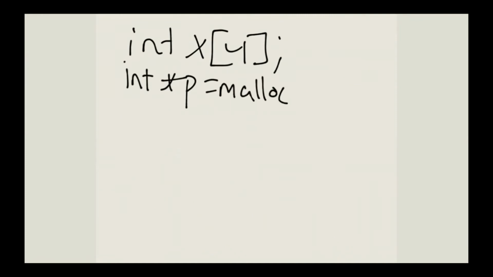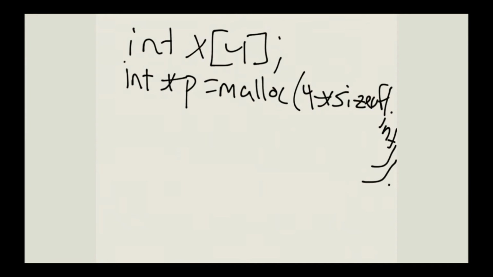So arrays are on the heap. Hold on. Actually, arrays are not on the heap. This type of array tends to be on the stack, unless you declared it as a global variable, which, ignoring global variables, don't use them. So inside of a function, I say int x[4].